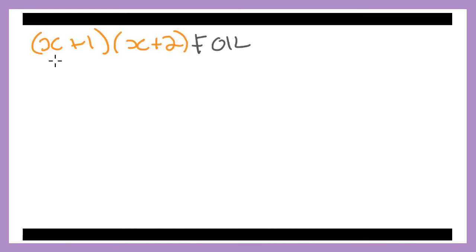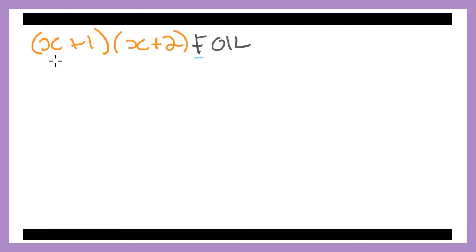FOIL. So how we do the FOIL method is that we look at each letter, and each letter represents a different word. That reminds you the order in which to expand these brackets.